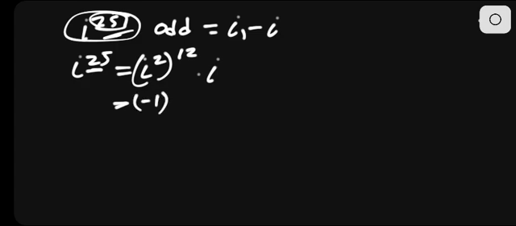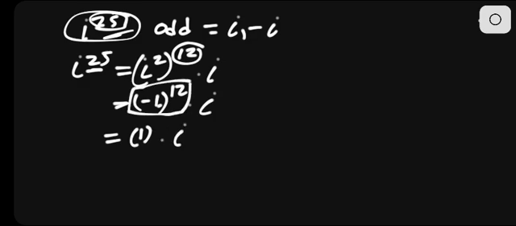We have minus 1 raised to the power of 12, multiplied by i. Minus 1 raised to the power of 12 will give us positive 1 if you punch it on your calculator. Multiplied by i. So you see, we ended with i.